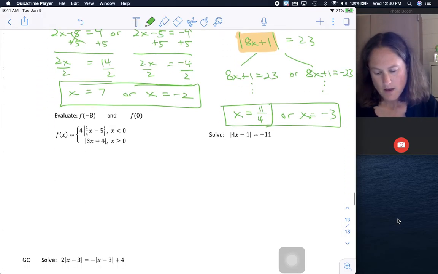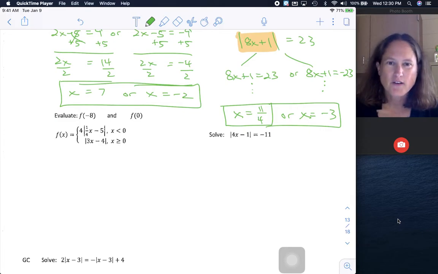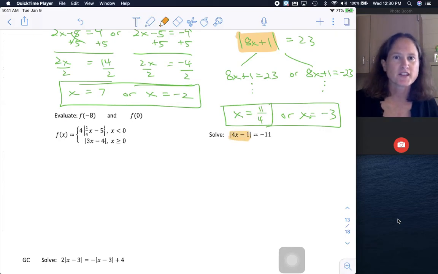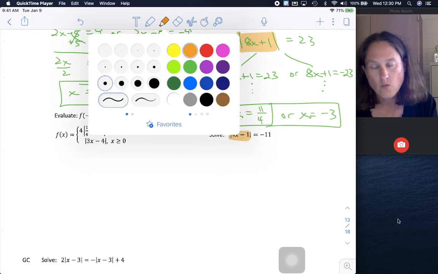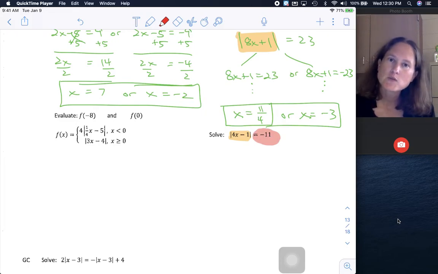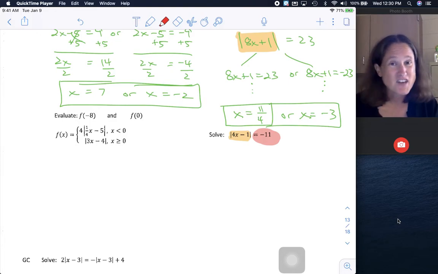Okay. If we take a look at the one underneath that, this one's going to trick you. The absolute value bar is isolated, right? So let's set up our 2 arms. We got the 2 options, negative 11 and 11. However, red flag, we have a negative 11. When can the absolute value of something ever be equal to a negative value? The absolute value of 11 is 11.